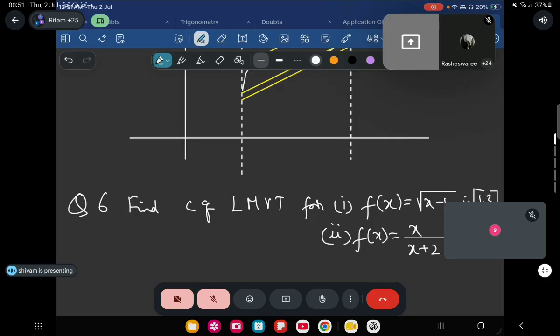Okay, quickly solve. These two are the last ones. Checking.